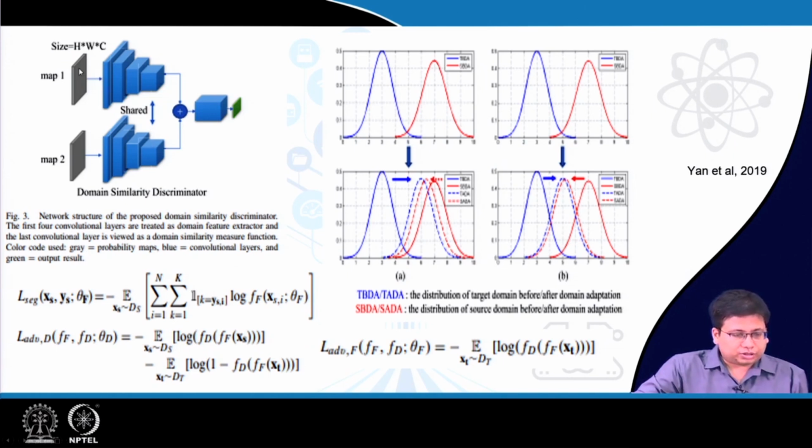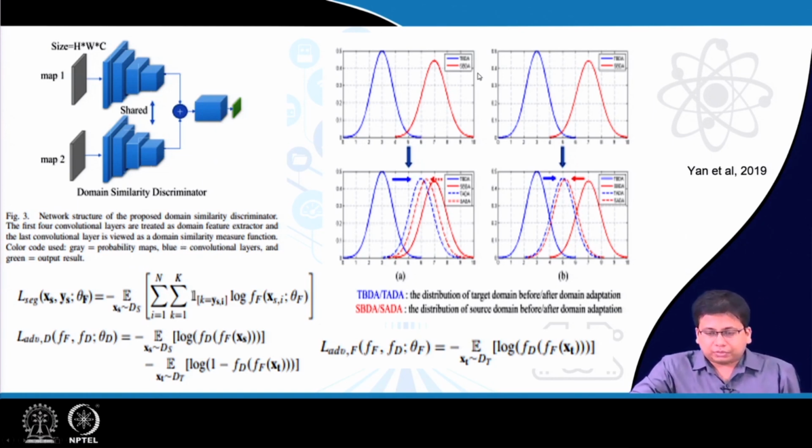The two maps are both passed through the neural network in the same way, with shared weights. There are 4 convolutional layers, which can be called domain feature extractors, and finally the two are compared with each other.